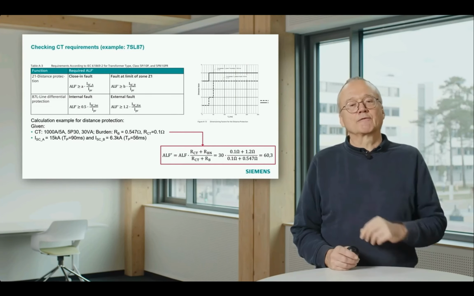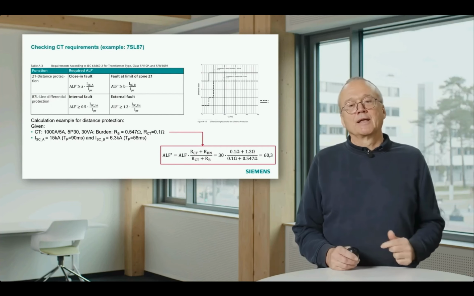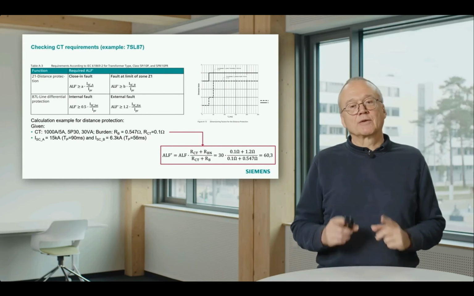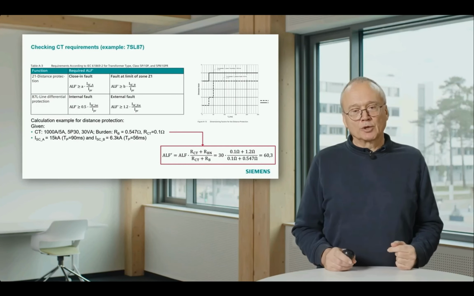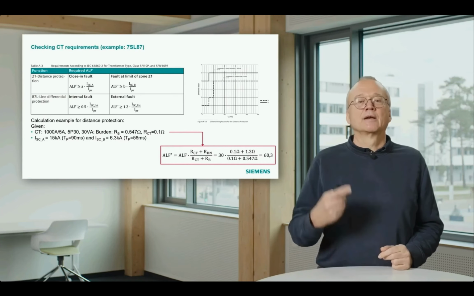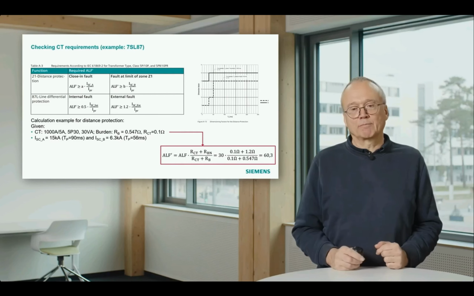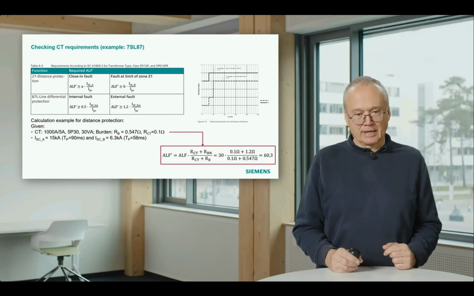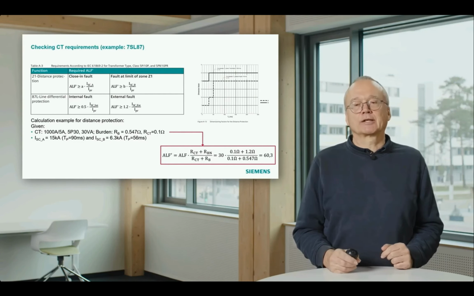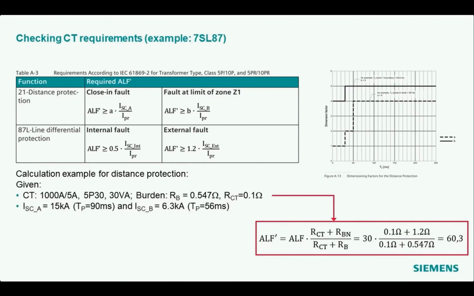That means you have to divide by 5 squared, that means 25. That means in this equation, at the point where you have to input the rated burden, don't take 30 because we have 30 VA, it's 30 divided by 25. That is why we have the 1.2 there. So we end up with an operational accuracy limiting factor of 60. That is what we have with this current transformer.